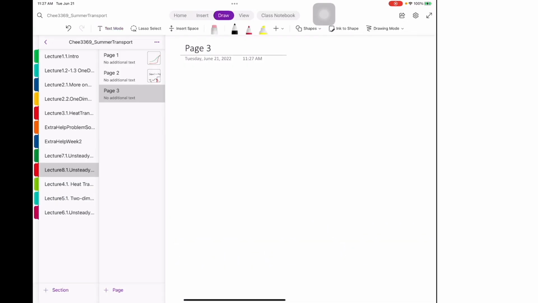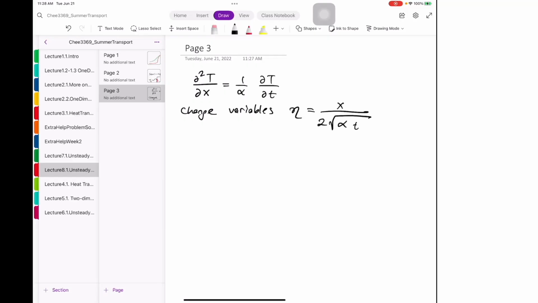So what we have found so far is our equation: del squared T over del x squared is equal to 1 over alpha del T over del t, and we use the change of variables eta is equal to x over 2 times square root of alpha t.